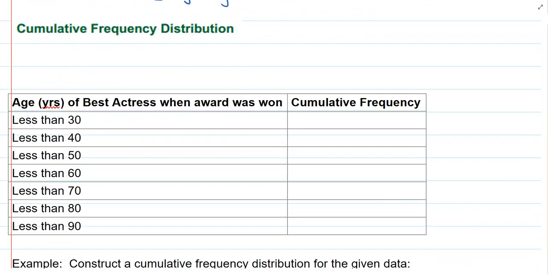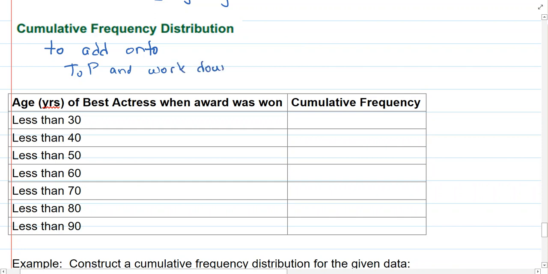So now we're talking about cumulative distribution. Cumulative means to add on to. So we start at the top and work down, adding the previous to the current.